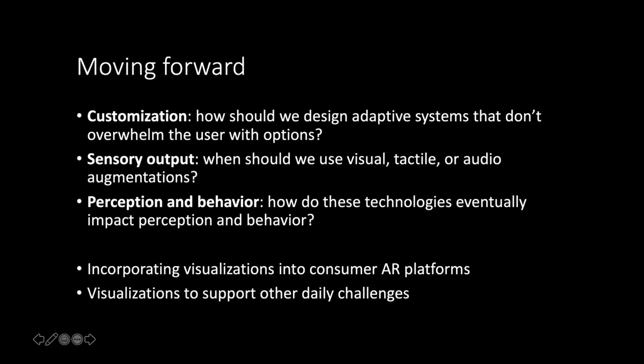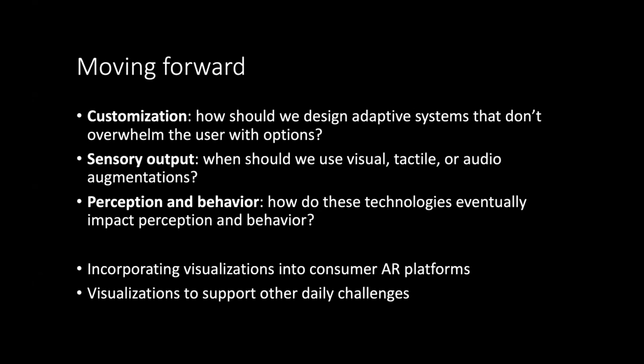Moving forward, there are lots of questions here, and I'll highlight just a few. We saw that there are many different types of low vision, and it was hard to predict which cues would be best. So one of the things that we think is key here is to optimize customization, whether this is inferred automatically through the system or whether we allow the user to adjust it. And we looked primarily at visual augmentation, but there are also ways of providing audio and tactile feedback in augmented reality as well.